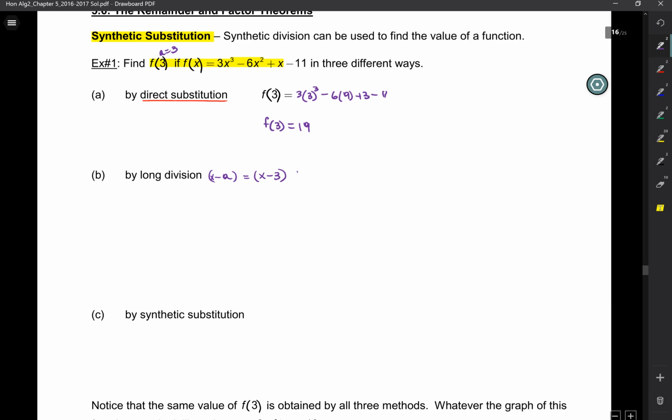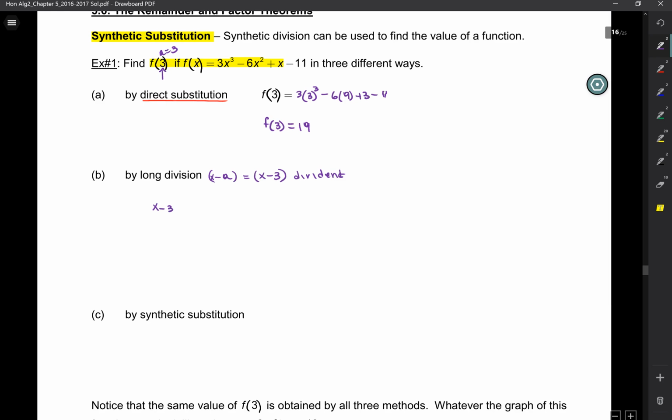And that becomes my dividend. So this is what I'm finding, f at a value of a equals 3. And I just do x minus that value, and I get x minus 3. And this is my divisor, with a d, not a t.